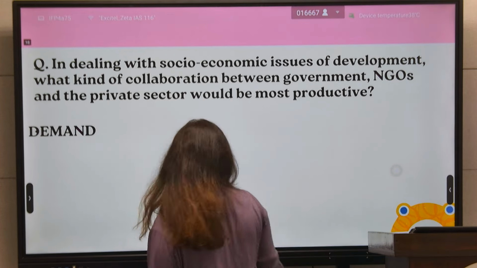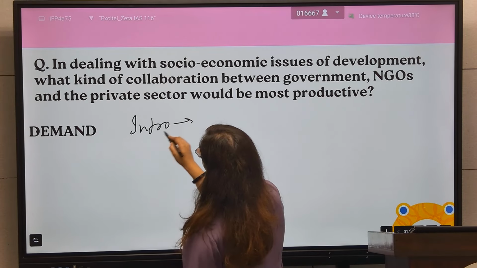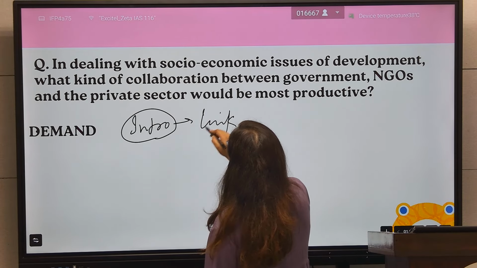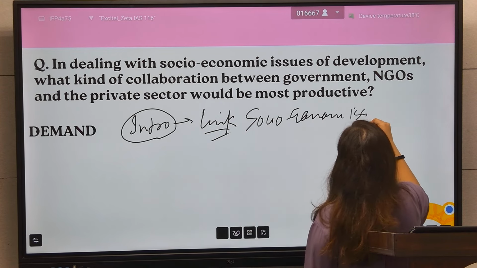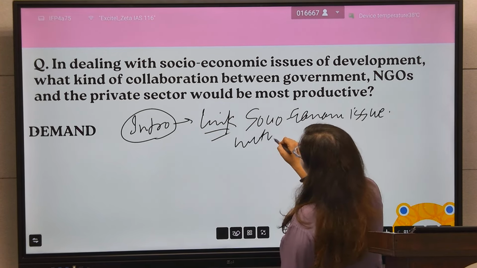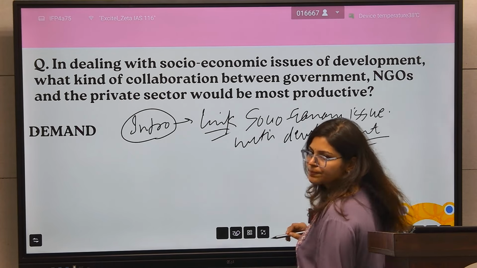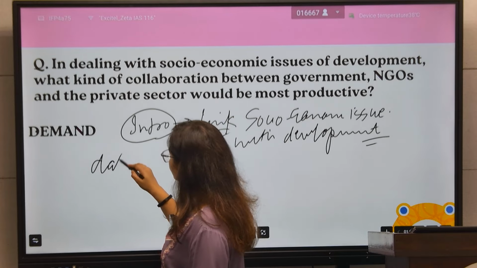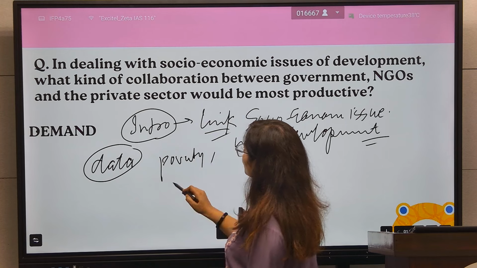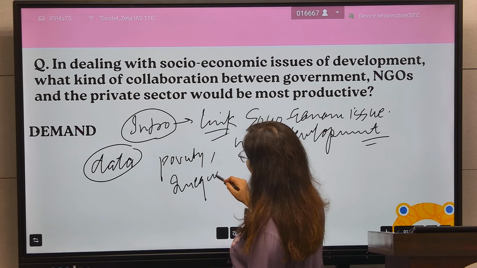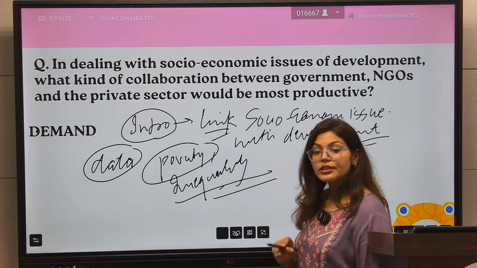First, in the intro part, you will link socio-economic issues with development, because due to these, development is lacking. If you have data, on poverty, on inequality, write this data in your intro part.